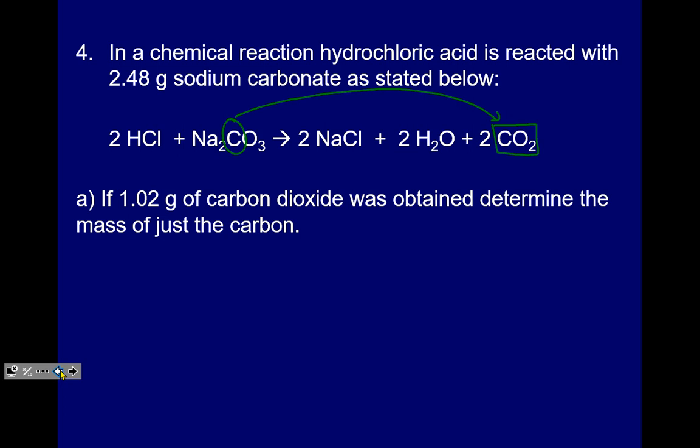All right. Now there's two ways of doing this. I'm going to show you using the mole way. So I need to figure out first how many moles of carbon dioxide there are in 1.02 grams of carbon dioxide. So we need to figure out mass to moles. Okay? What do I need to turn mass to moles? The molar mass.